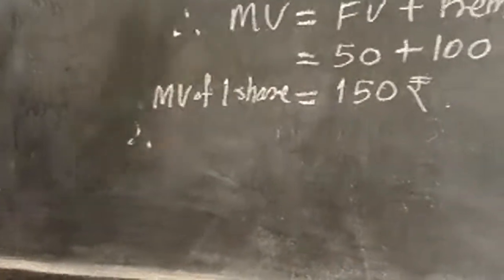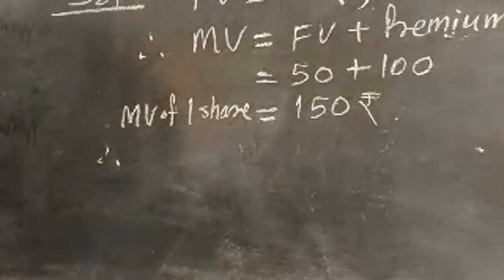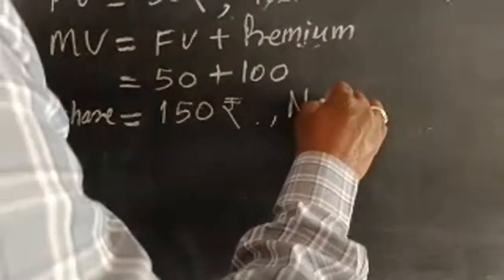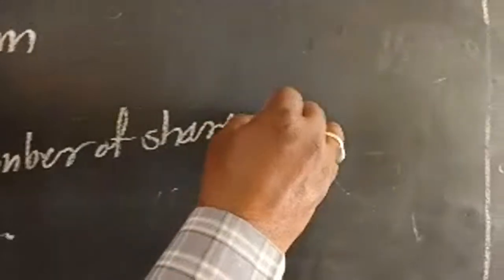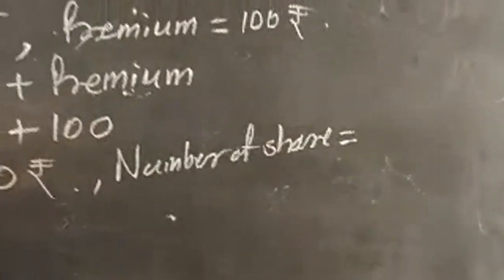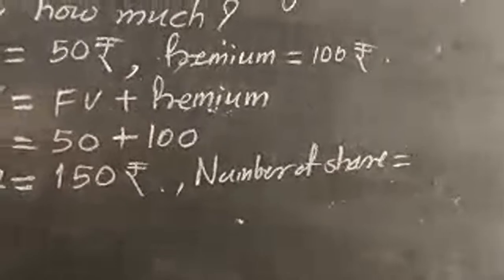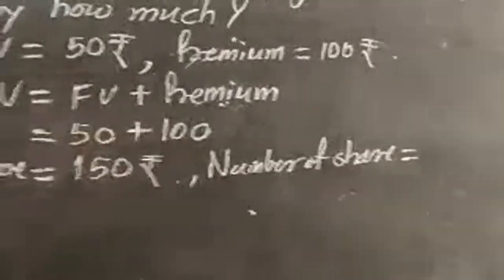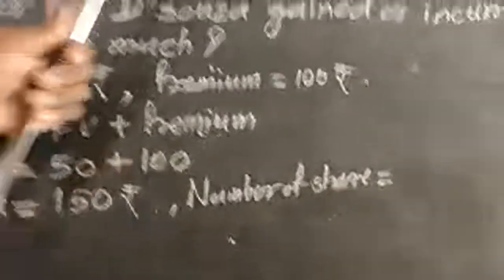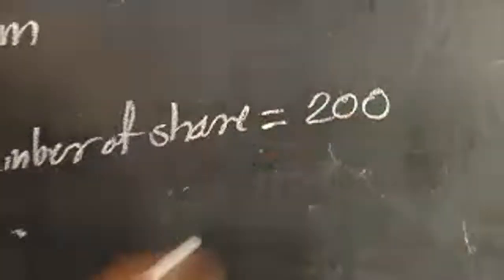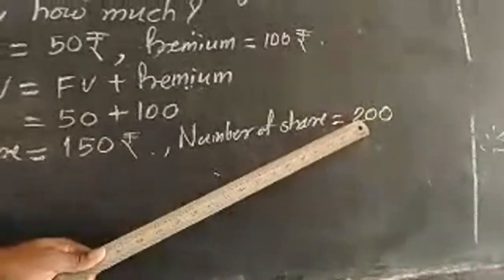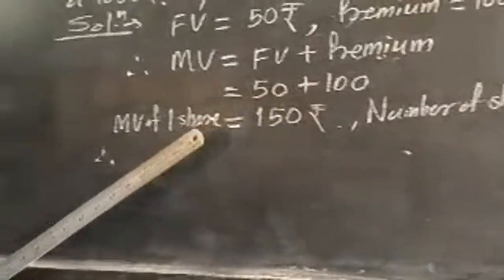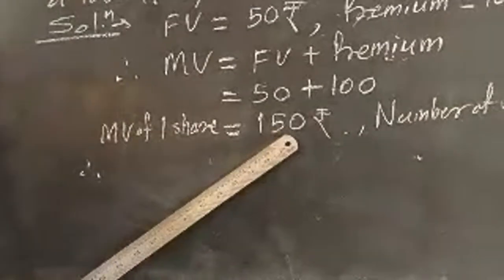Therefore, what do we find out? Number of shares is 200. 200 shares were purchased at market value 150.